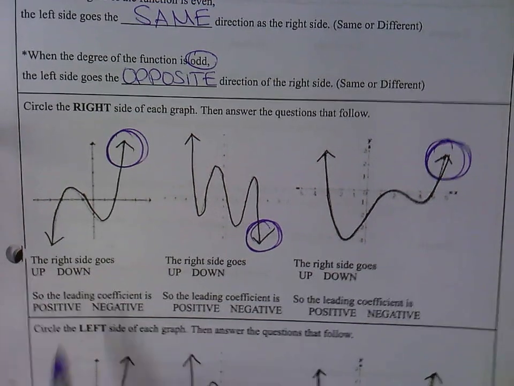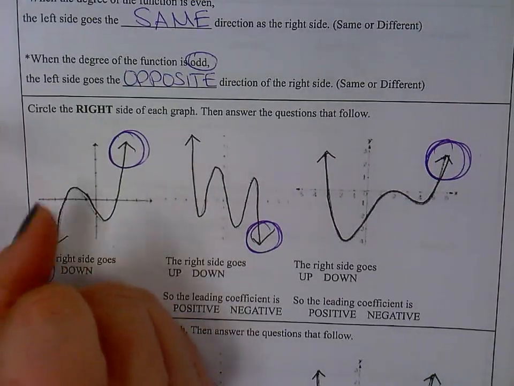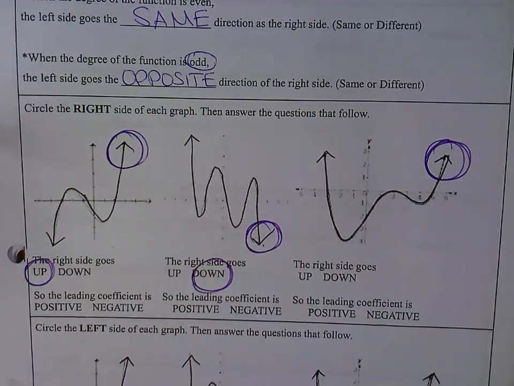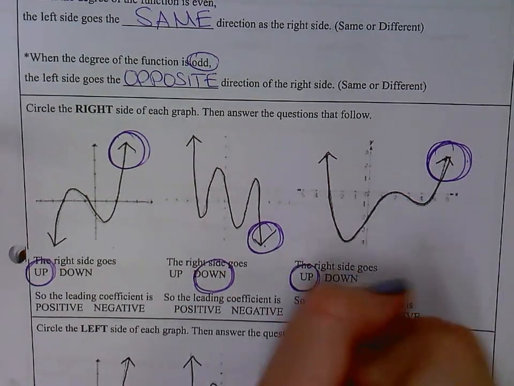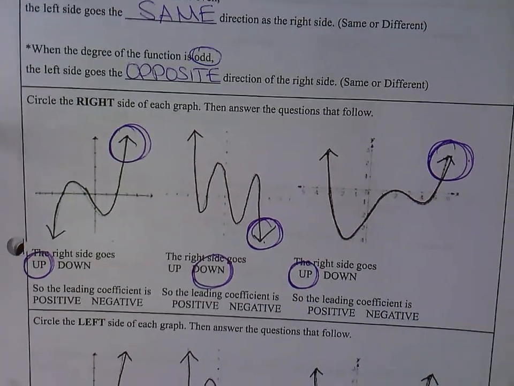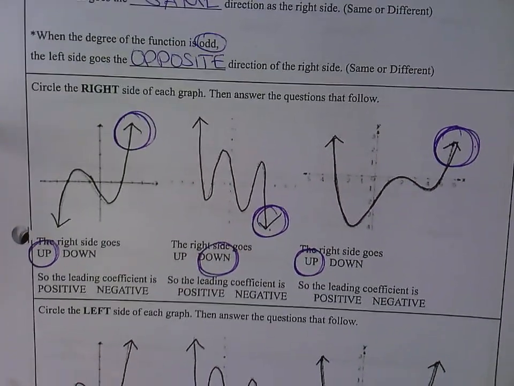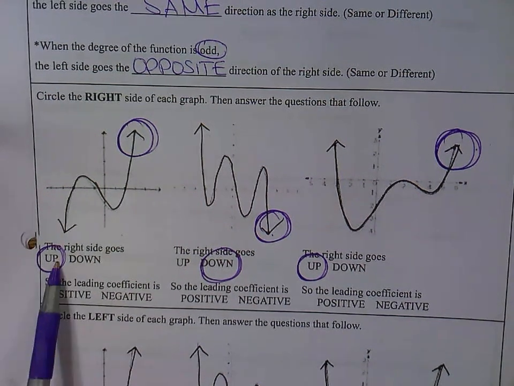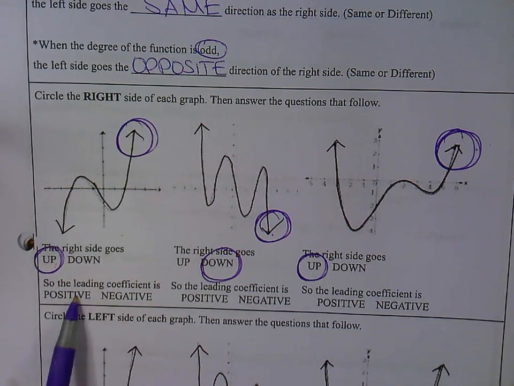So on this one, the right side was going up. On this one, the right side was going down. And on this one, the right side was going up. So up or down, what does it mean? Now, if I don't know what the equation is, I do know something about the equation. If the right side went up, will the leading coefficient be positive or negative?